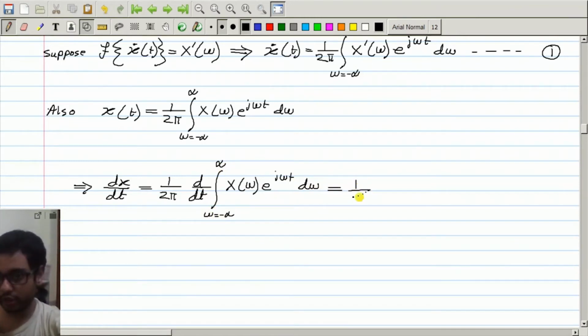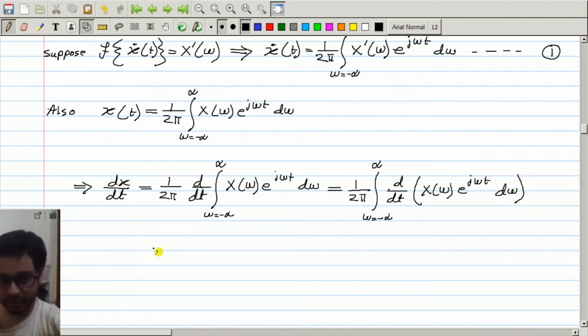Now this is equal to 1 over 2 pi, and let us swap the order of integration and differentiation, and this will become integration over omega from minus infinity to infinity preceded by the time derivative of capital X omega e to the power j omega t d omega.